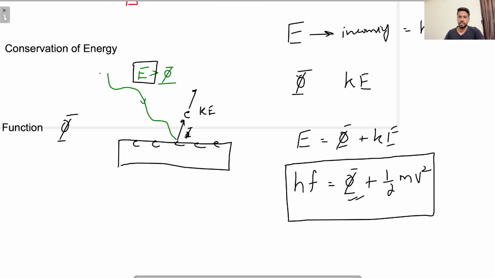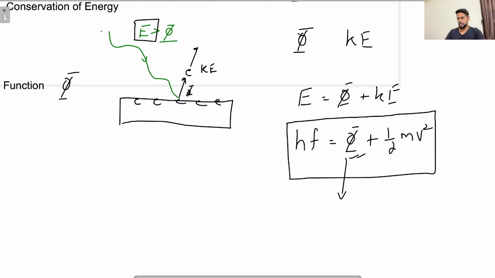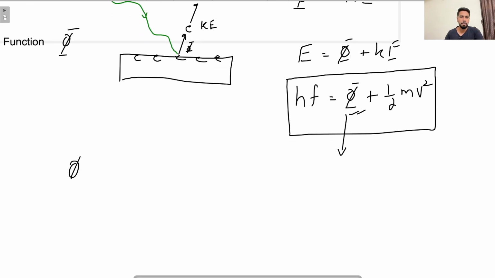Now talking about the work function, you might ask me, is the work function the same for every metal? No, different metals have different work function values. Copper has a different work function value, aluminium has a different value, iron has a different value. Every metal has a different work function value. So the work function is associated with the metal.